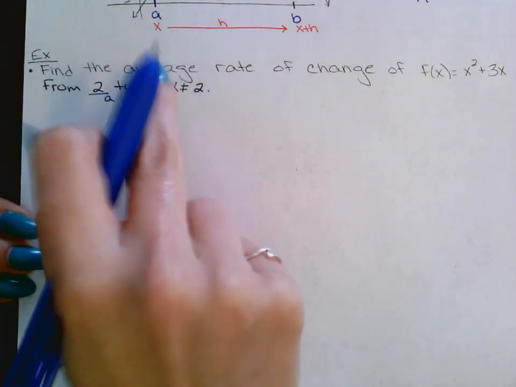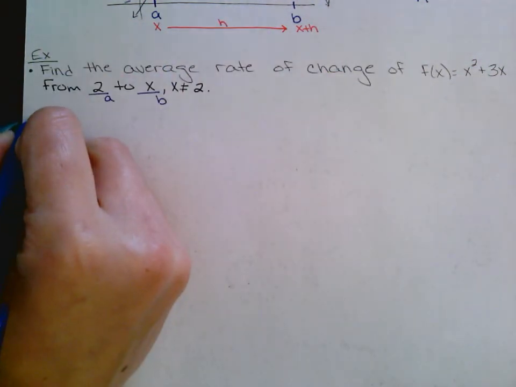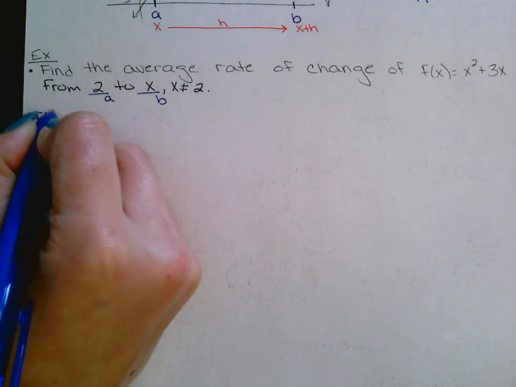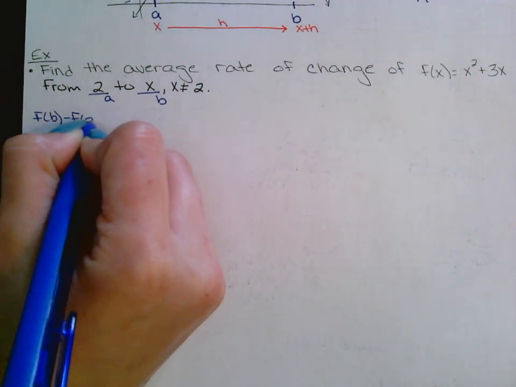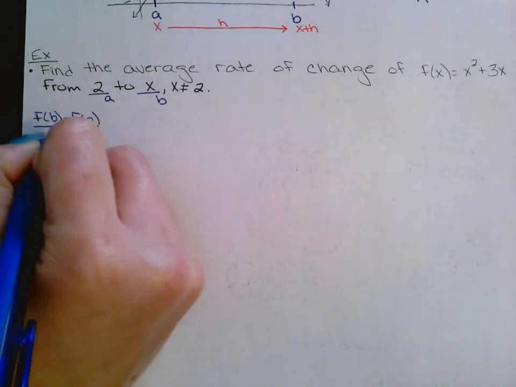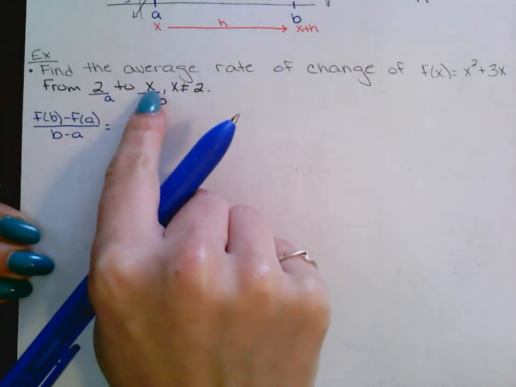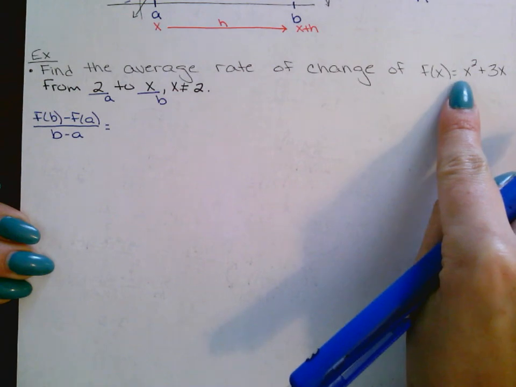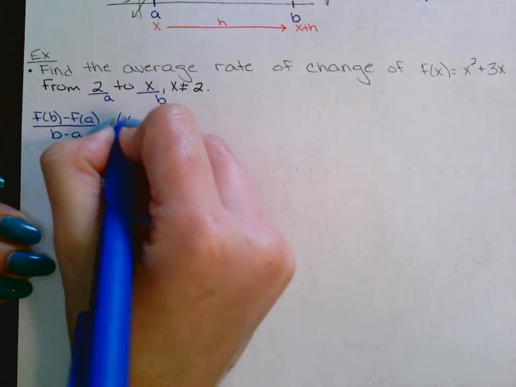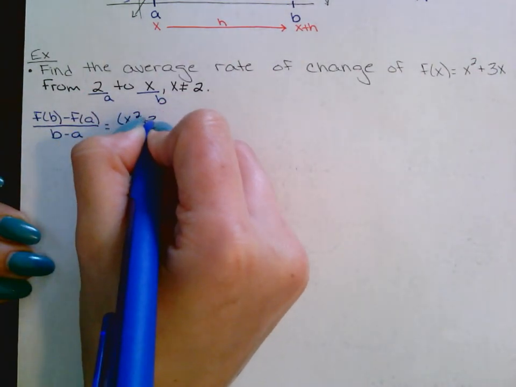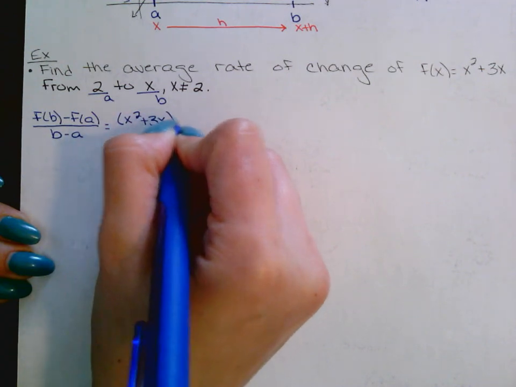So the average rate of change, we already said, is the formula f of b minus f of a over b minus a. So f of b means plugging x into the function. If I plug x into the function, I just have x squared plus 3x, okay?